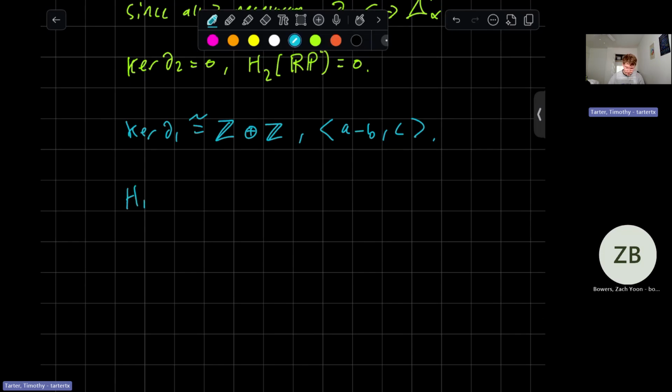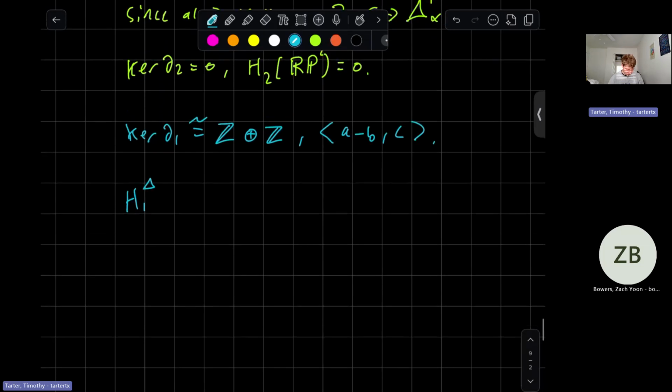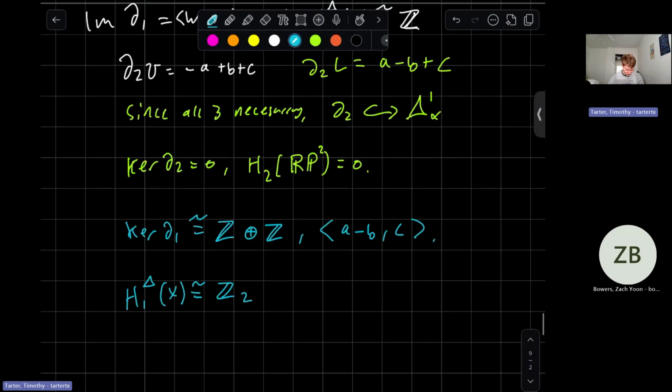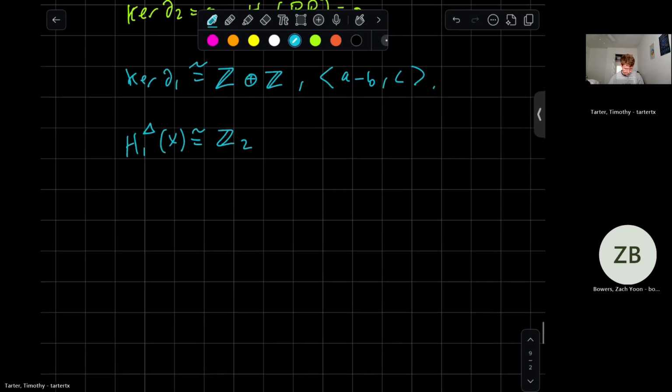And so then H1, wait, didn't we already define? No, H1 is isomorphic to Z mod 2.